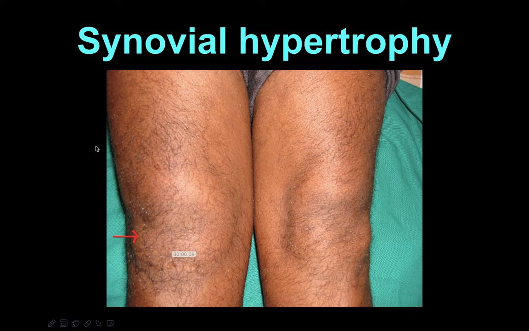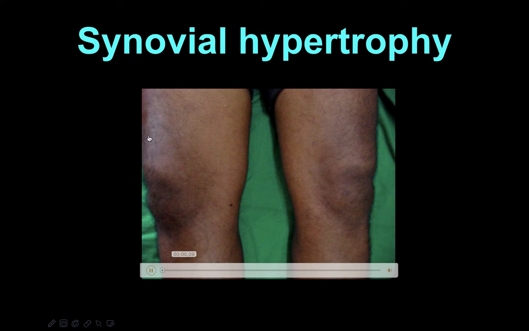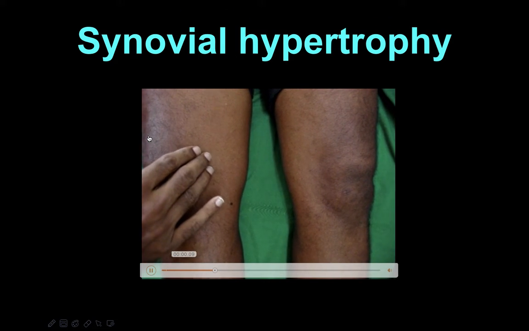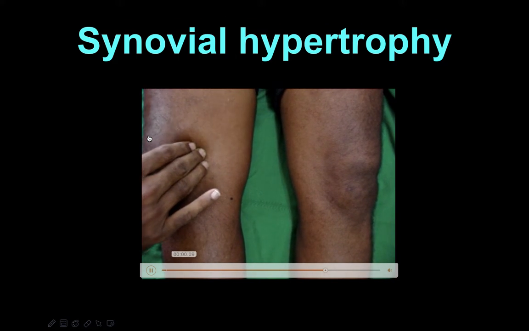Now if the patient has swelling over the knee joint and you suspect that this may be due to synovial hypertrophy, as you know, synovium is a soft structure and it has a doughy feel, just like atta. The doughy feel can be very well palpated by insinuating your finger, keeping the knee in extension or semi-flexed position.